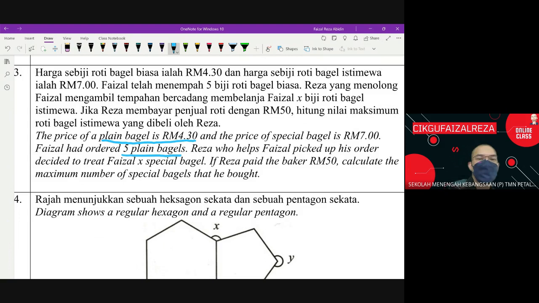Then his friend Reza, who had Faizal pick up his order, decided to treat Faizal to special bagels. Do we know how many? But we know the price for a special bagel is 7 ringgit, but we don't know the quantity Reza bought. If Reza paid the baker 50 ringgit, calculate the maximum number of special bagels that he bought.